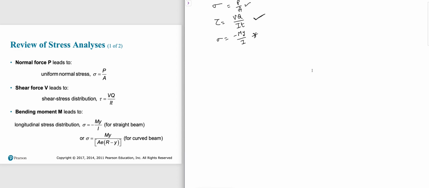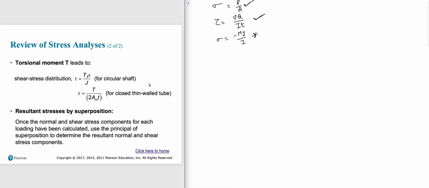This is stress due to normal force, right? What happens when you have a combination of all three? And similarly, we also forgot the fourth one, tau equal to T rho over J, for torque. So if you remember, this is also one concept we discussed in the class in the previous chapters.